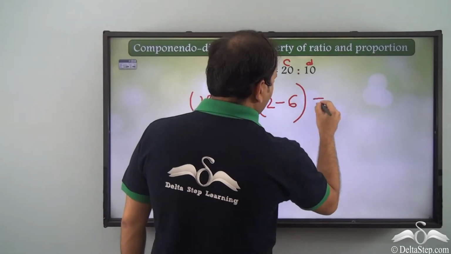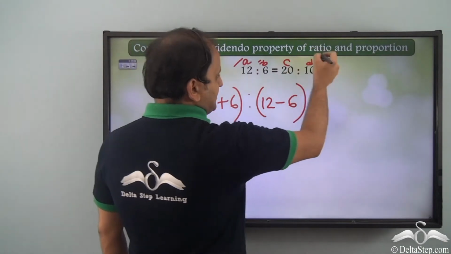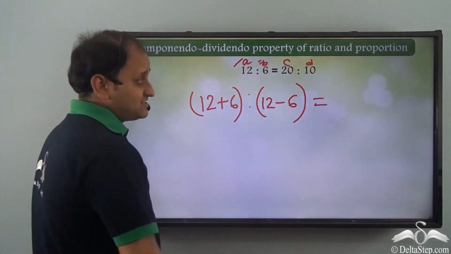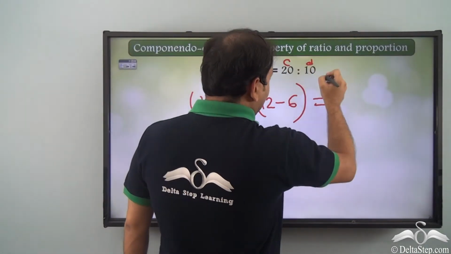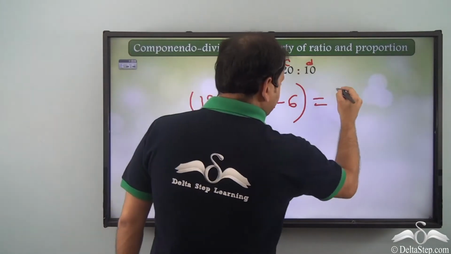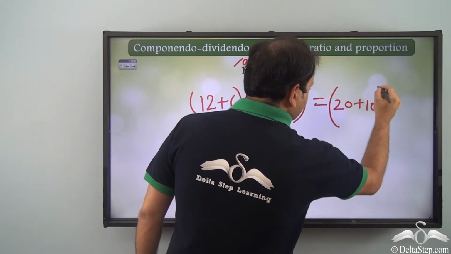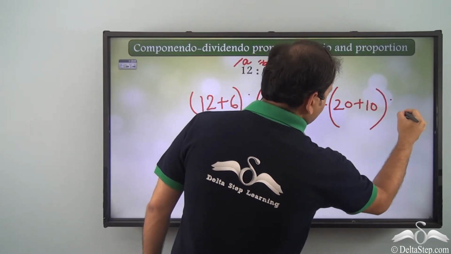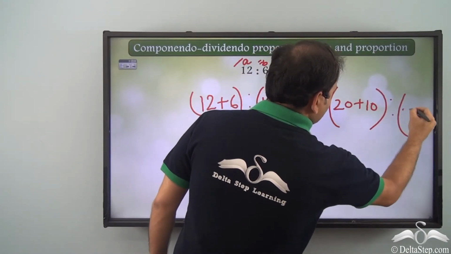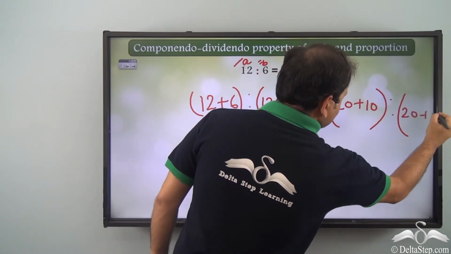Now this will be equal to C plus D is to C minus D. So 20 plus 10 is to 20 minus 10.